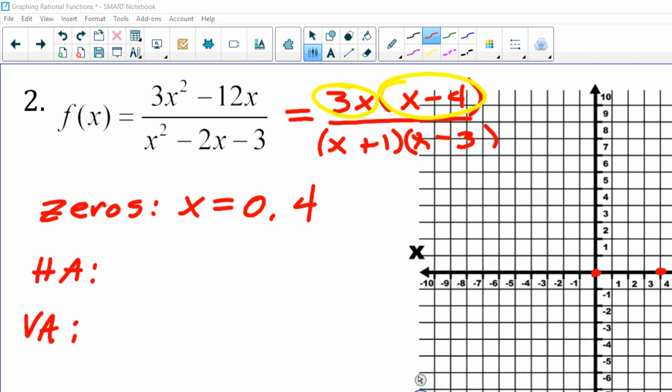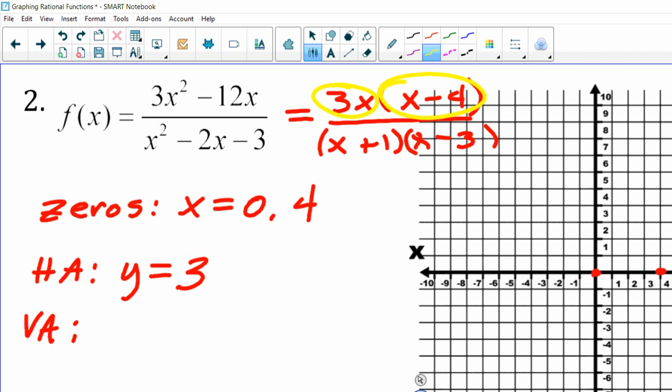What's the degree of the top? 2. What's the degree of the bottom? 2. They are the same. When the degrees are the same, it's the coefficients. 3 divided by 1 is 3. Your horizontal asymptote is y equals 3.